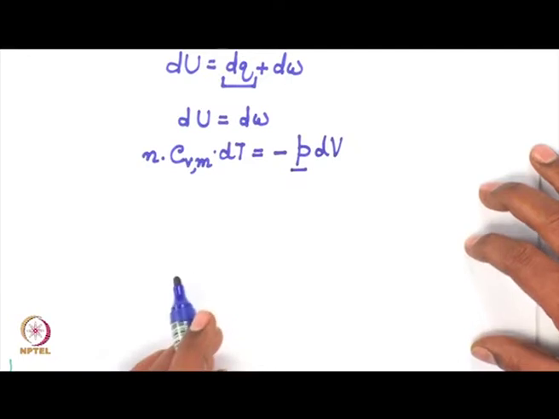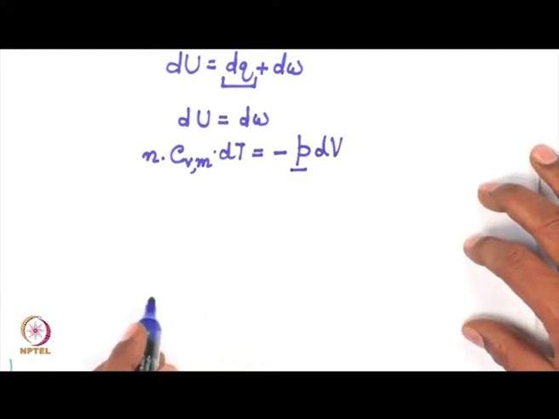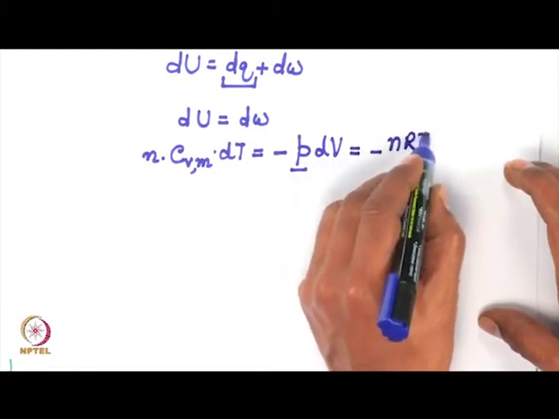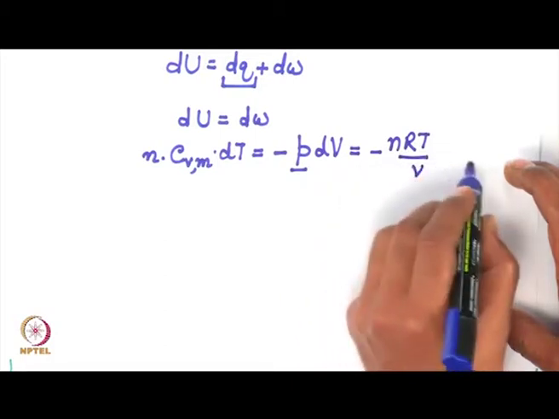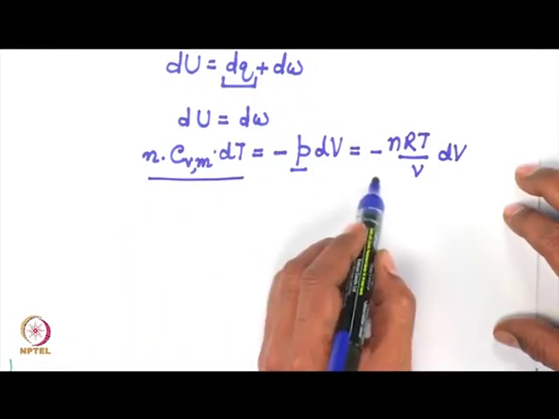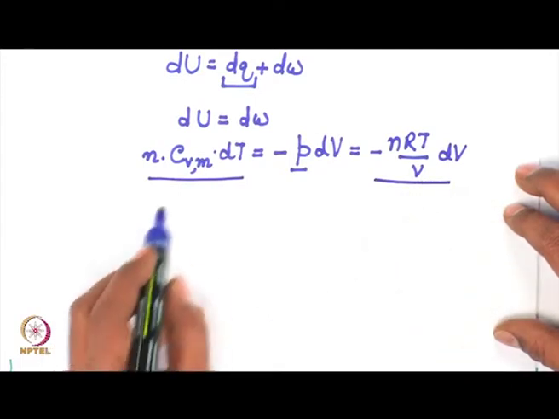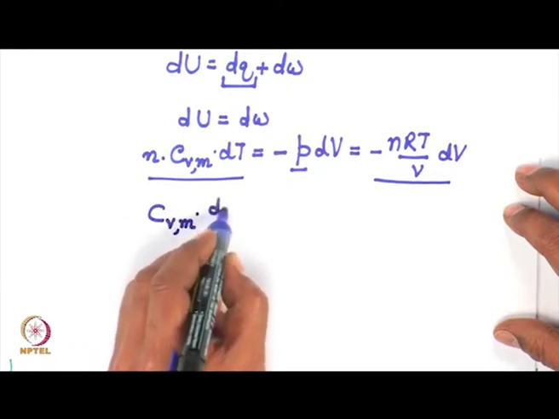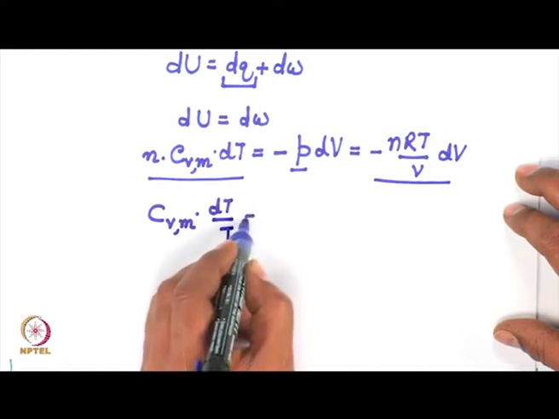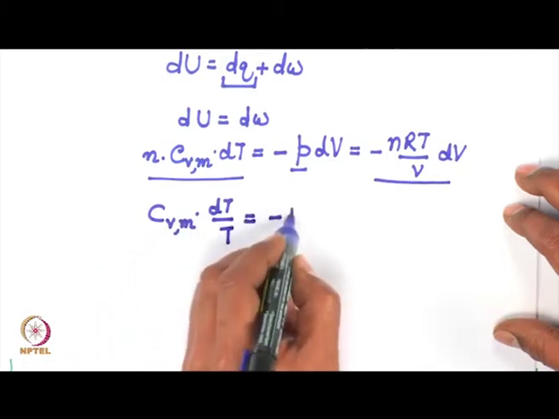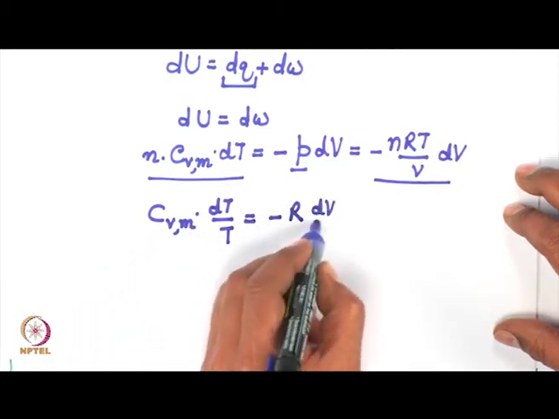I am keeping P because the process is reversible, and this I can say is minus nRT by V into dV. Now, using these two, I can write that CVm into dT by T is equal to minus R into dV by V.